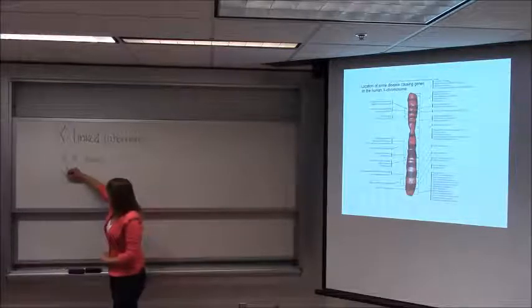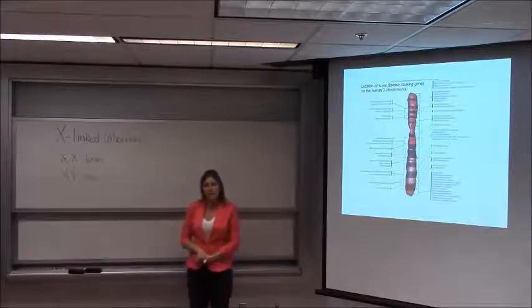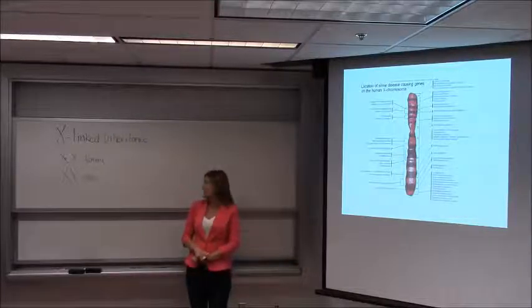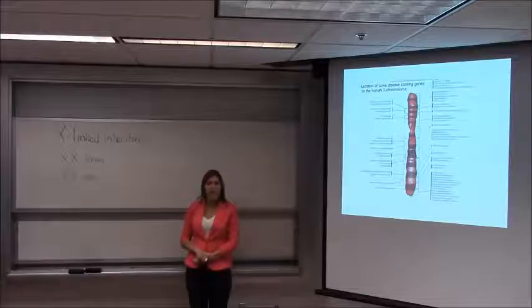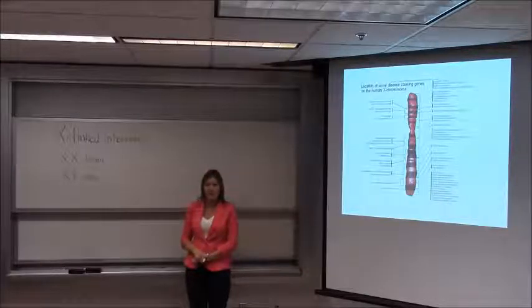If this guy has a bad recipe on his X, does he have another normal copy? No, he does not. He does not have another X. So in this case, he would have the disorder. He does not have another X chromosome to make that protein correctly.